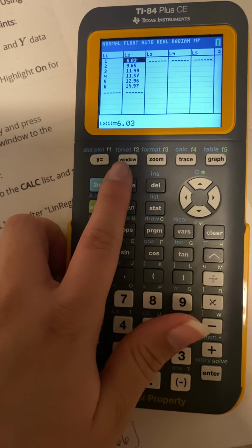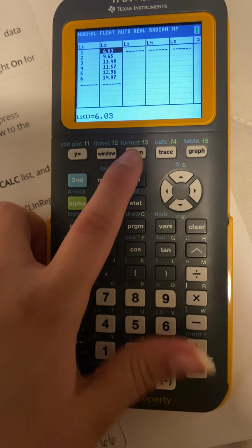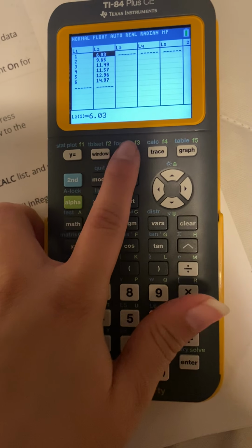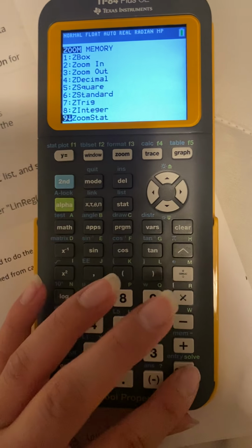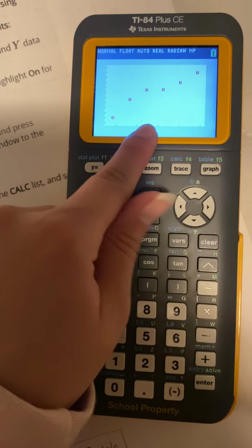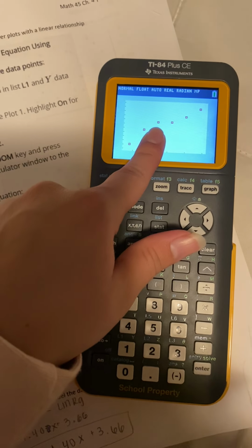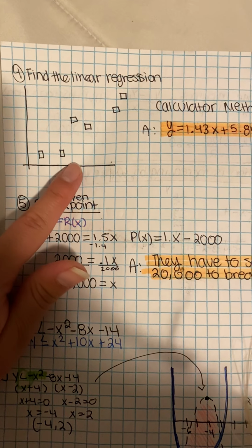So then I inserted it in my calculator, and then I put enter, zoom, and I put zoom stat to get the plot, which is not the right one because I did another problem, but the original one for this problem is going to be this one.